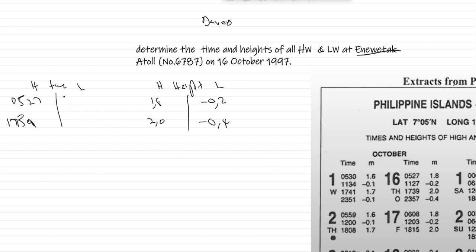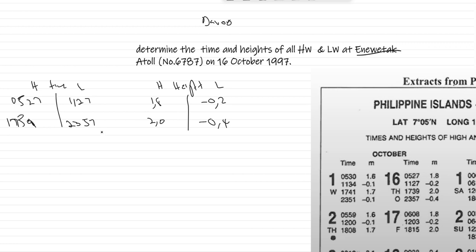Okay, and next we're going to the low waters. For the low water, negative 0.2 happened at 1127, and negative 0.4 happened at 2357, which is almost a new day.